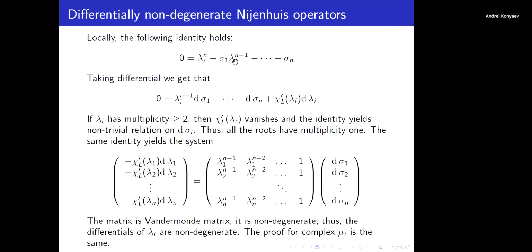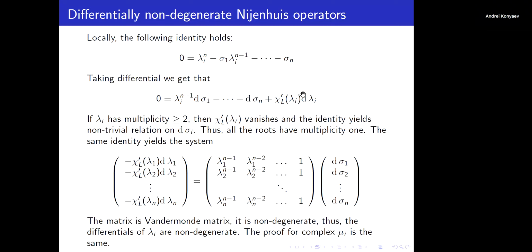Now we simply take the differential. If you differentiate each of these products, you get the differential of this multiplied by this, and then this multiplied by the differential of this. If you look at the differential of lambda to some power, you take a differential of this, n minus 1 goes here, and basically what you get is not the characteristic polynomial but its derivative.